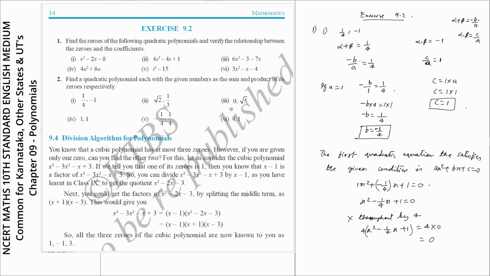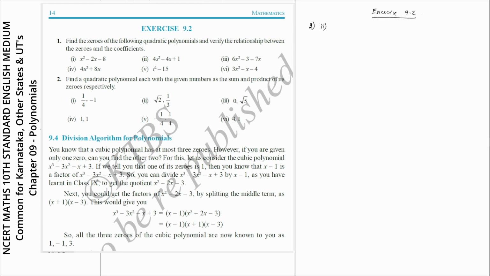In the left hand side I'll get 4x square minus x plus 4, because when I multiply 4 with 1 by 4 it gets cancelled, and 4 ones are 4, equal to 0. So this is the quadratic equation, and therefore the quadratic polynomial is 4x square minus x plus 4.